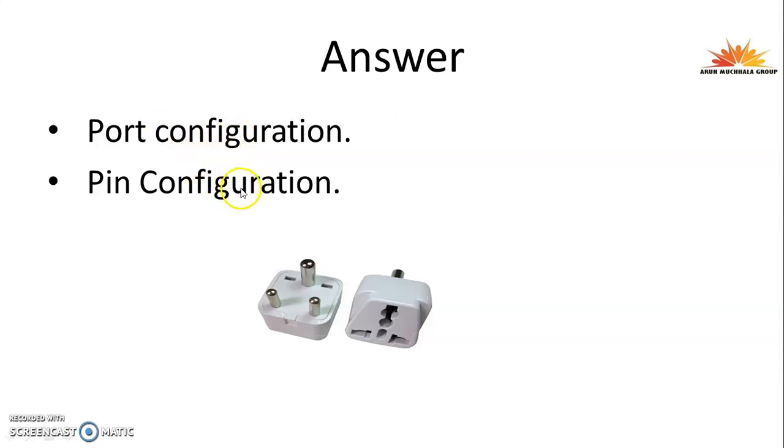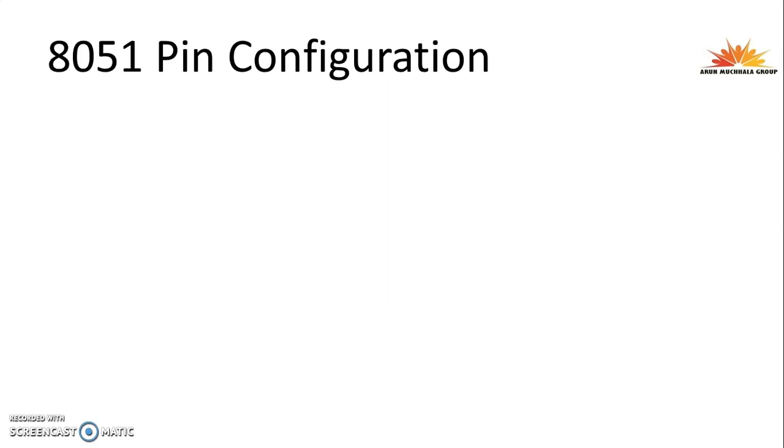To simplify, as shown in this picture of socket and pin, to connect, we must know port configuration and pin configuration. So let us start with the pin configuration of 8051 IC.